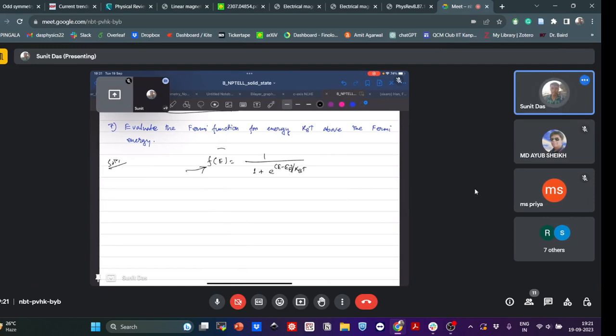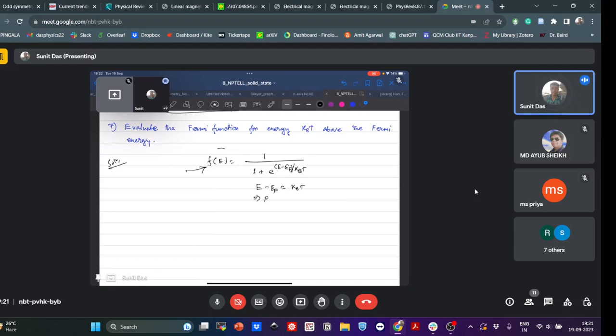So anyone found the answer? Energy is given as kBT above the Fermi energy. That means E minus EF will be kBT, right?